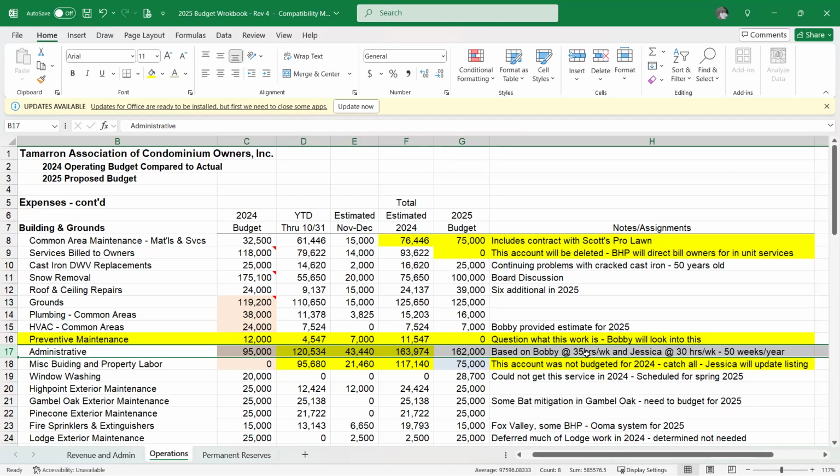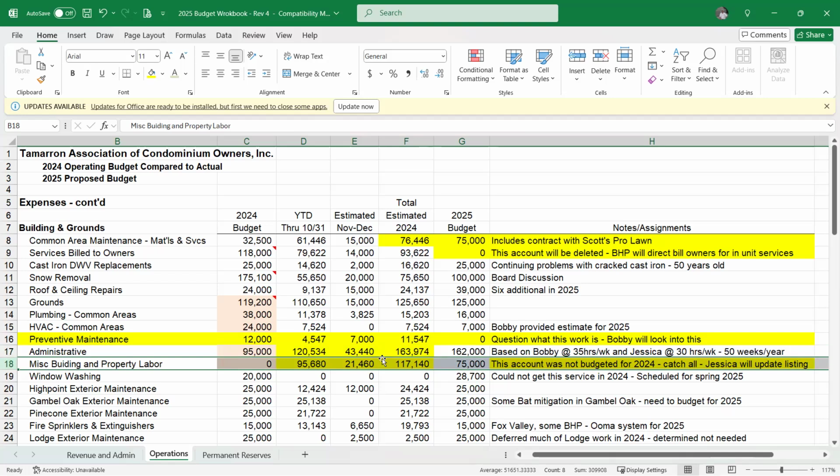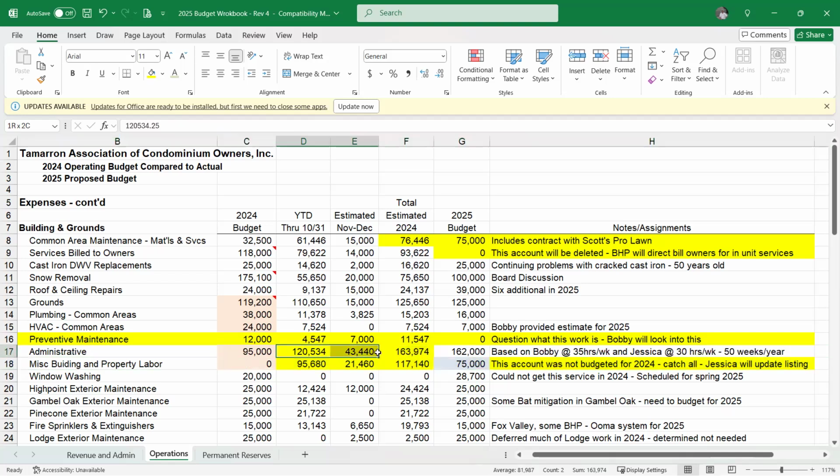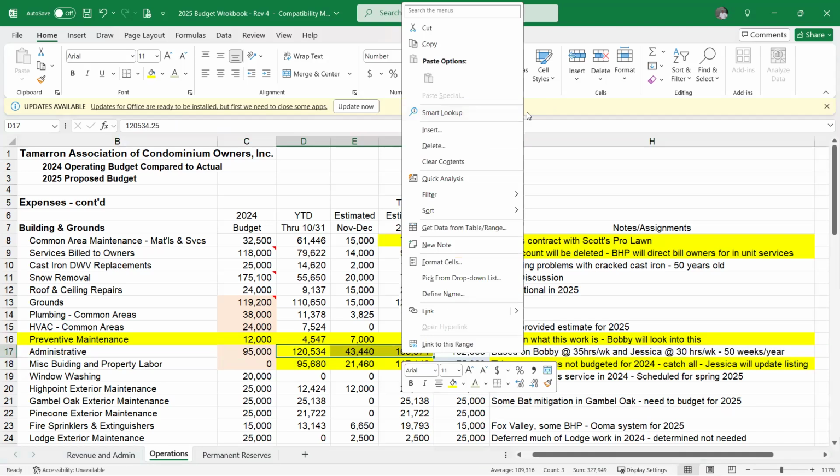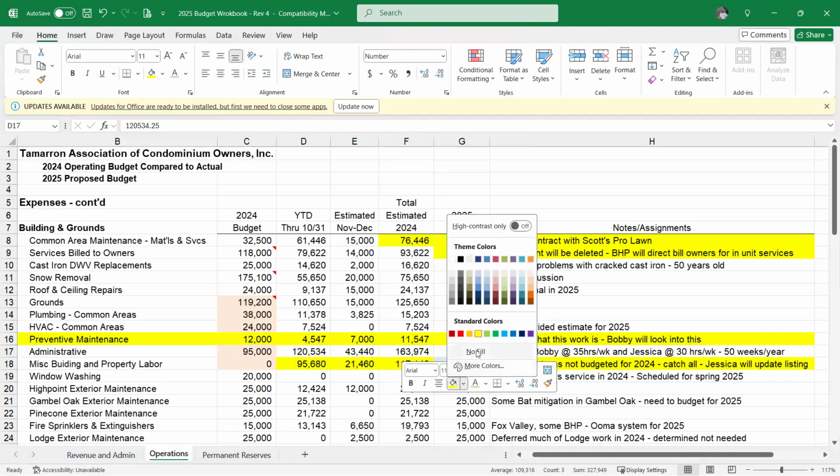Can I make a comment on just one thing here? Jessica's hours are pretty cut and dry, but I know for a fact that Bobby's up at that place more than 35 hours a week. There have been some concessions there on Bobby giving us a reduced hourly rate, because if something happens, Bobby's up on property on Saturday and Sunday or late night if it's needed. I just want to make sure all the owners are aware of that time.